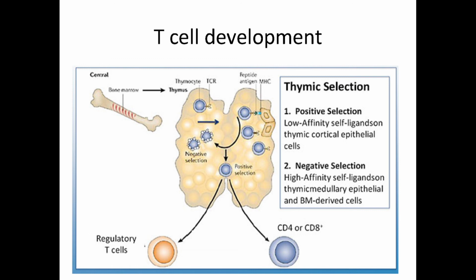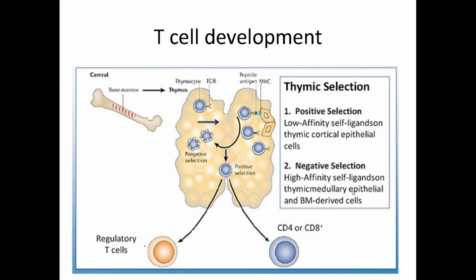So they need to respond to what's called the MHC complex, the major histocompatibility complex, that presents an antigen, says this is a thing, you should look at it. If they don't respond to that at all, then that's not helpful. We get rid of them.